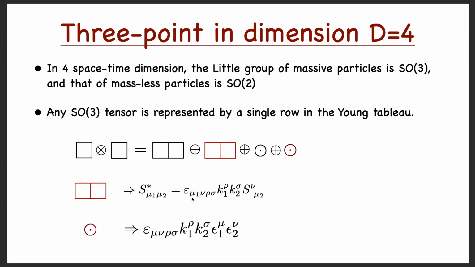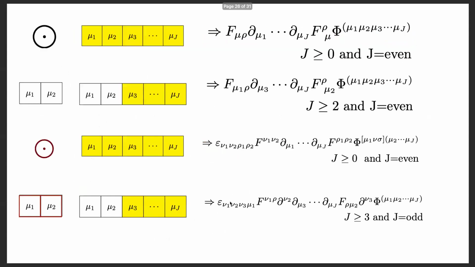Because they are taking an extra, it's a 4-dimensional field. With this, you can see that there are only four possible types of interaction. Two of them are parity even, and two of them are parity odd. No other interaction is possible in 4 dimensions.